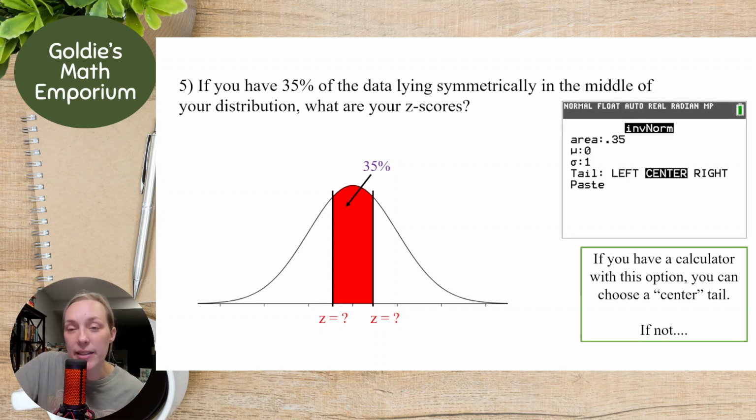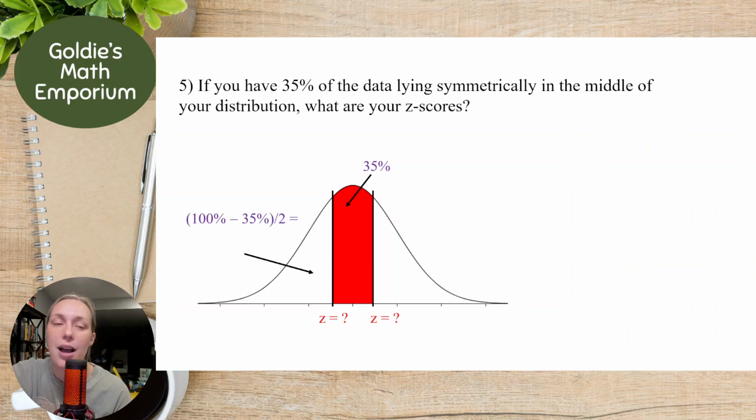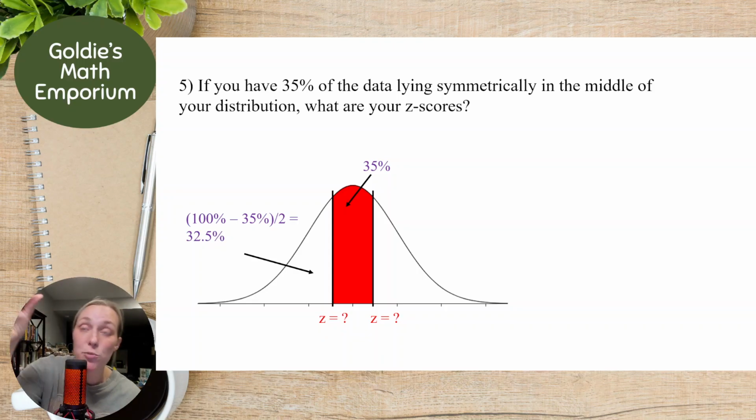The way we would find that, if this is your screen, you could put in 0.35 and put in the tail as the center and then paste and you would get your z-scores. And it's beautiful. If you don't have that option, do a little bit of work, but it's fun work. That's finding out what percent is below this z-score. If you take 100% and subtract 35%, you get 65%.